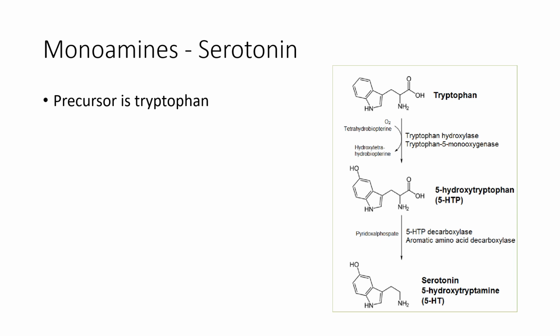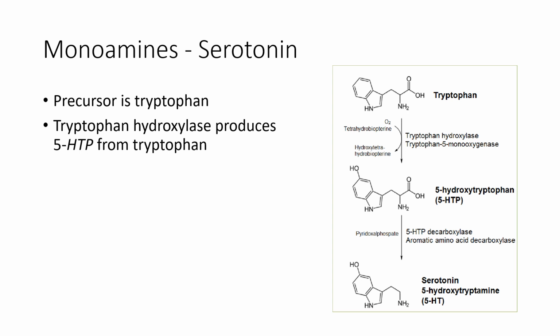The precursor to serotonin is called tryptophan. Here we'll look at the right-hand side of the screen, much like we did for dopamine, norepinephrine, and epinephrine, and we can see that tryptophan, right here, is the precursor to serotonin. So tryptophan hydroxylase produces 5-HTP, which is right here, from tryptophan.